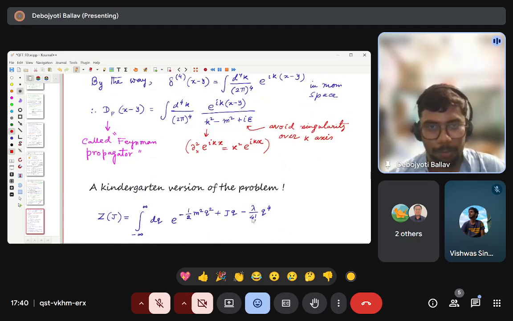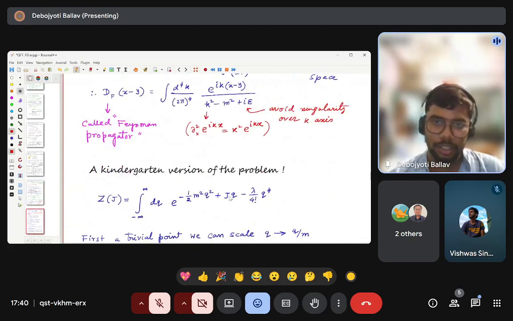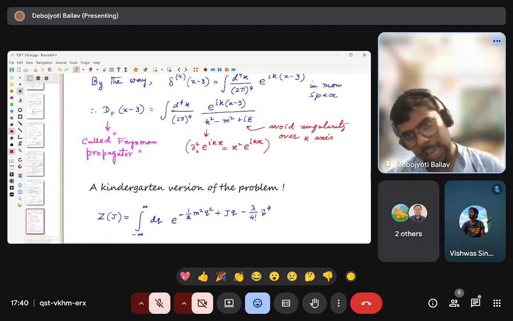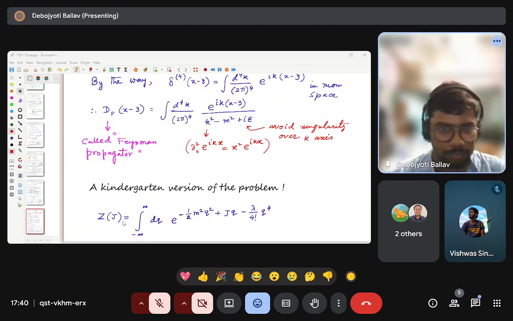So this is a baby problem or a kindergarten version of interacting field theories. This is my 1/2 m square q square, like phi square, m square phi square term. Then there is a source term which is j of q, and now we have added a q to the 4 interaction. This q to the 4 makes it formidable.